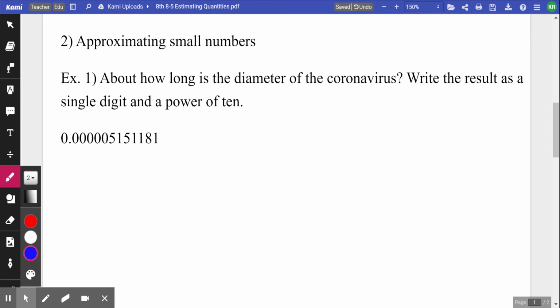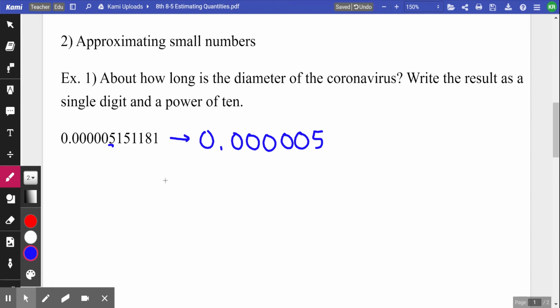All right, with really small numbers, same idea. About how long is the diameter of the coronavirus? So the result is a single digit and a power of 10. So we're going to take this number, which is a very, very small number, and we are going to estimate again to this first digit, so 0.0000005.